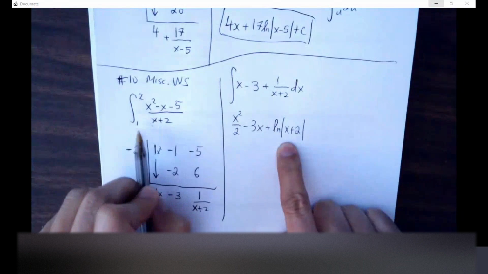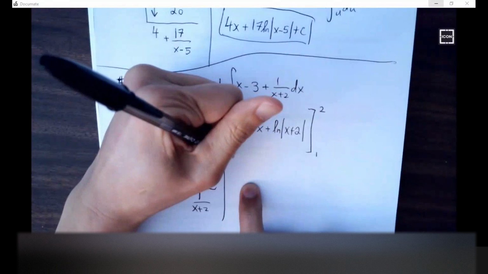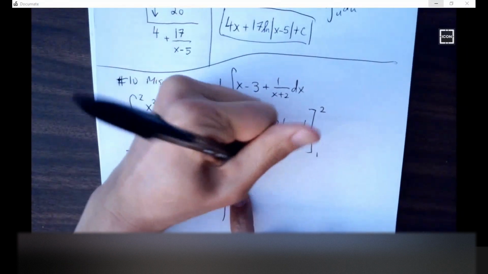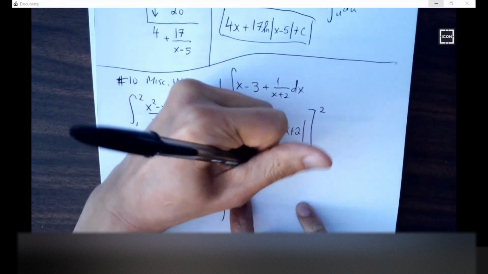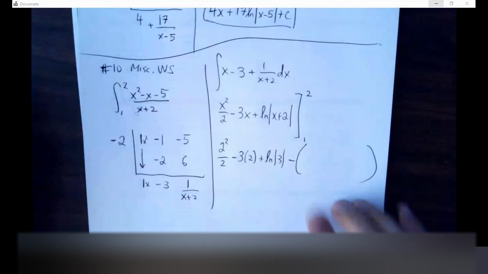Now we can work in the bounds. Upper bound first. Minus, big parentheses.